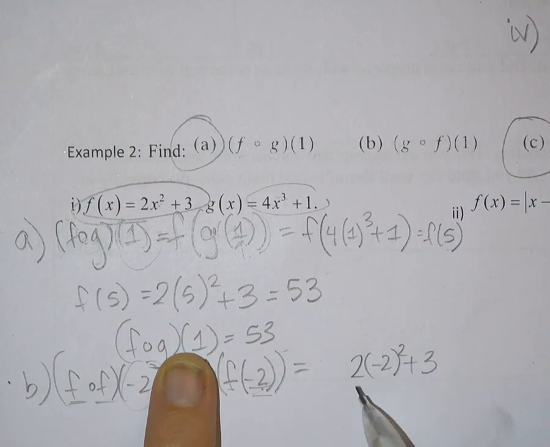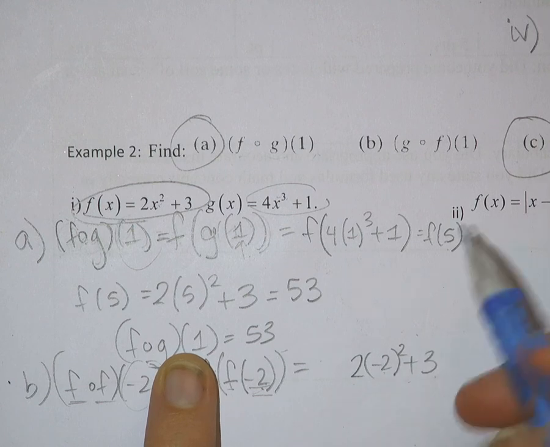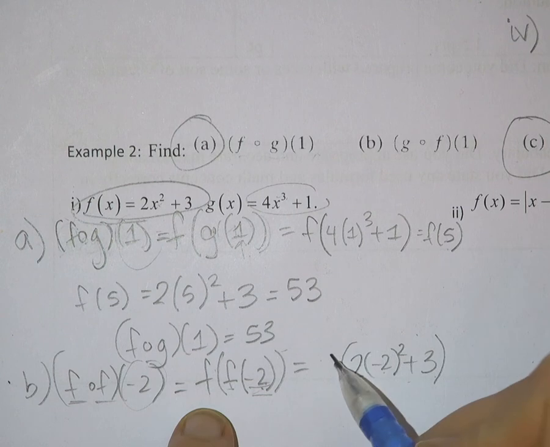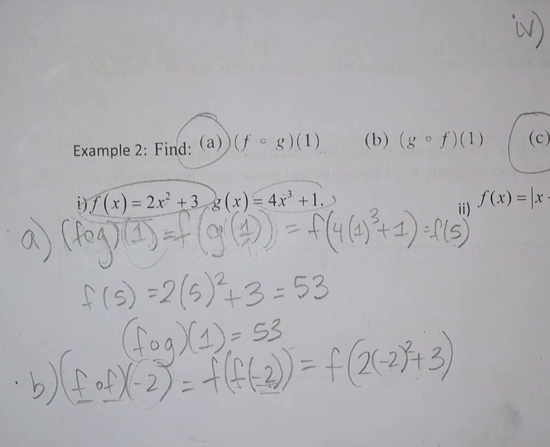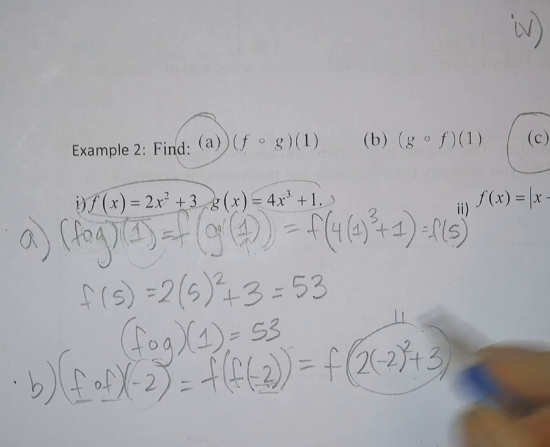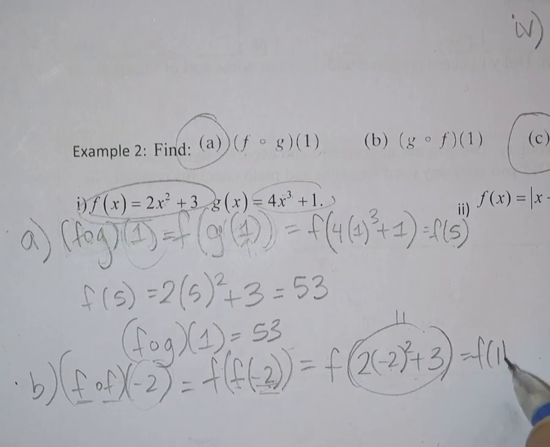So I should have 2 times negative 2 squared plus 3. But we still have this inside of my function f on the outside. Now I'm just doing my calculations. Negative 2 squared is 4, times 2 is 8, plus 3 is 11. So this inside part is really 11, and this is going to be f of 11.